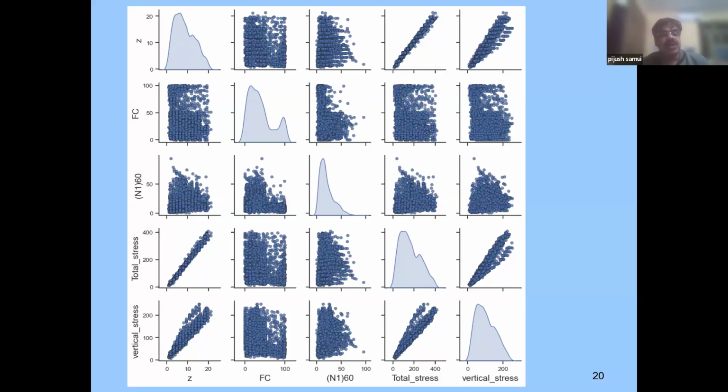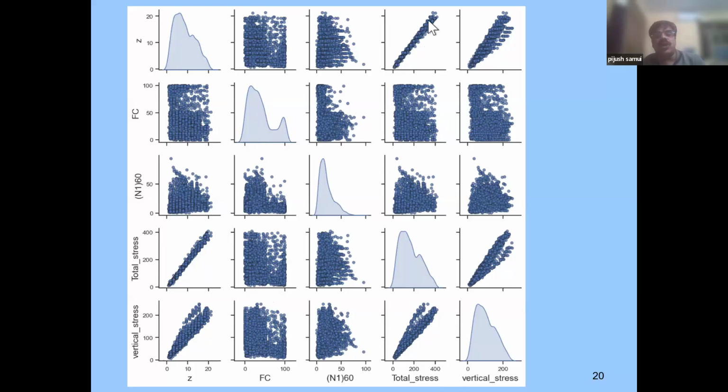If you look, this is the fine content and vertical stress, and this is the total stress and fine content, and N160 versus fine content, and this is the FC, actually the normal distribution of the FC. So if you look at that, there is a relation between the total stress and Z.